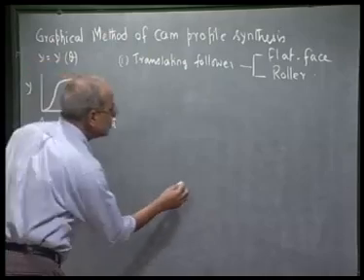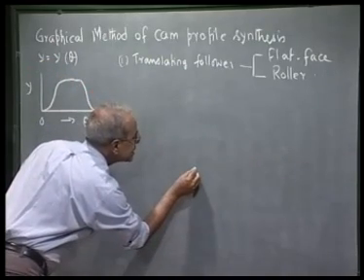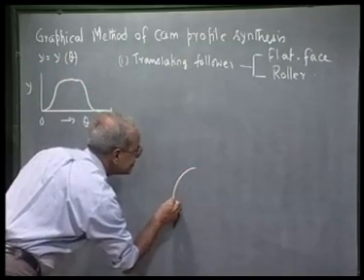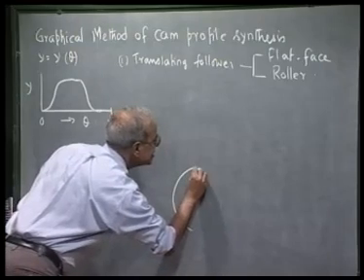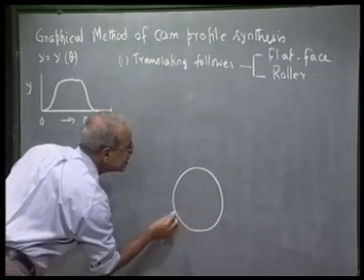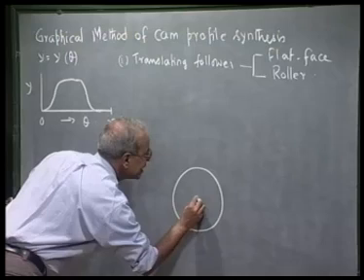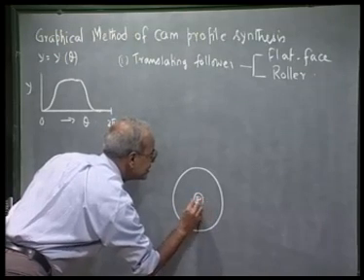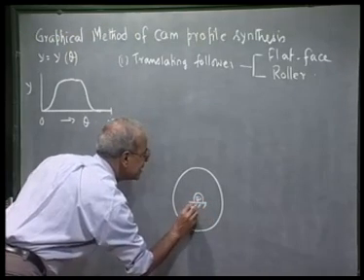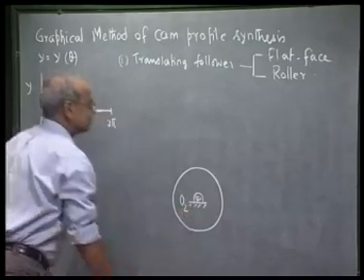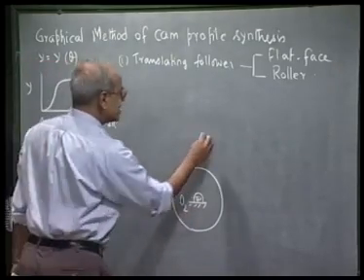So, what we do? We first draw the base circle. This is the camshaft. The offset is also given.